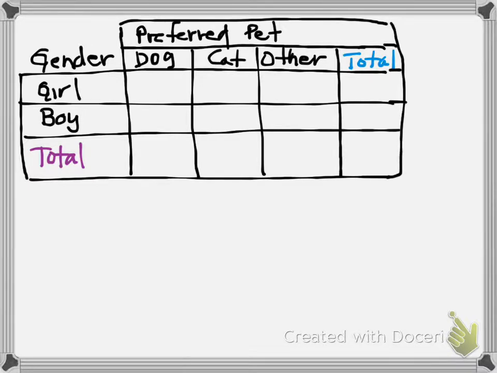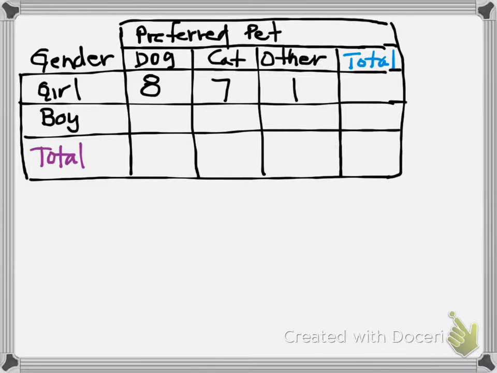Okay. And here's the information that she gathered from these 40 people that she talked to. There were 8 girls that preferred dogs. And there were 7 girls that preferred cats. And there was 1 girl who preferred other types of pets.